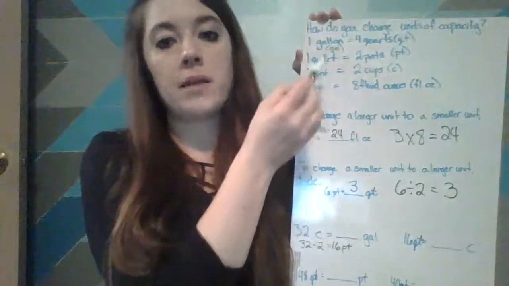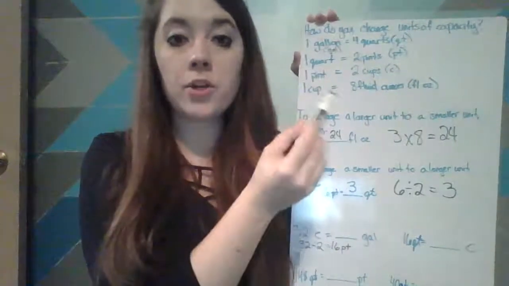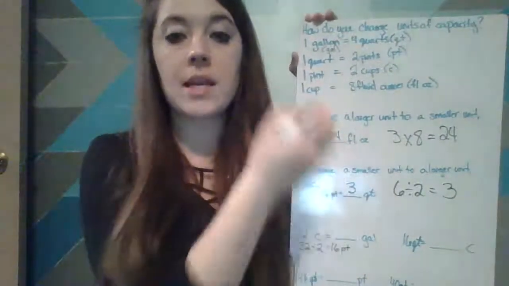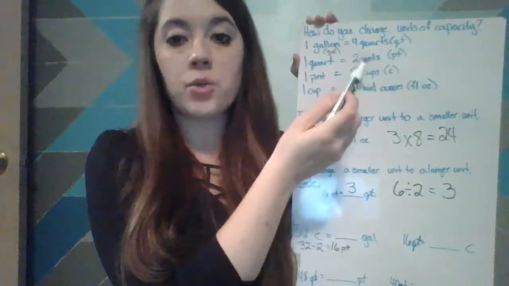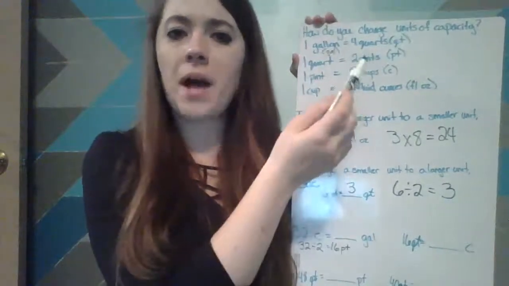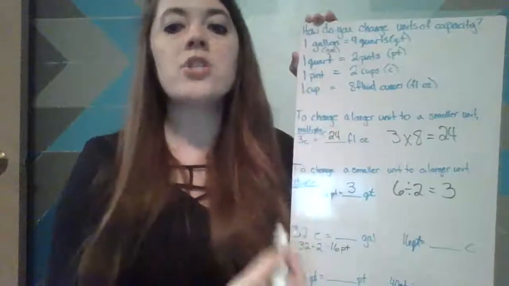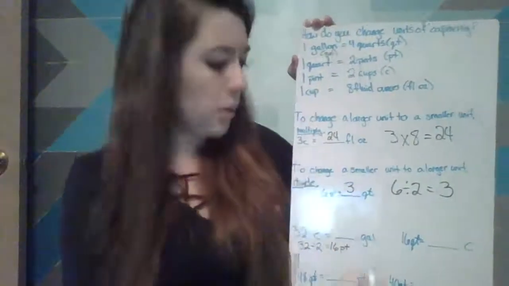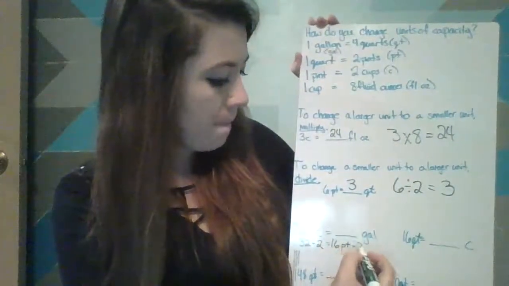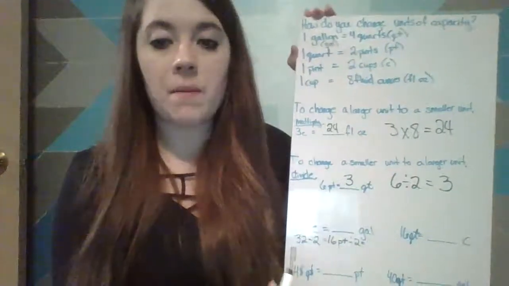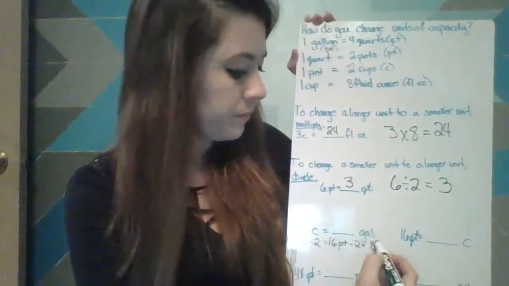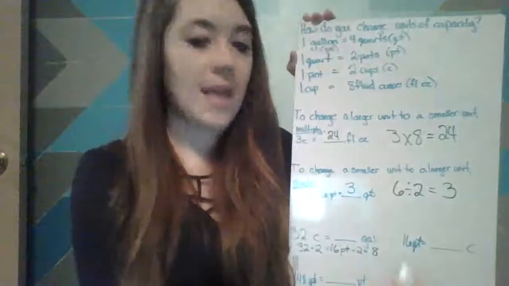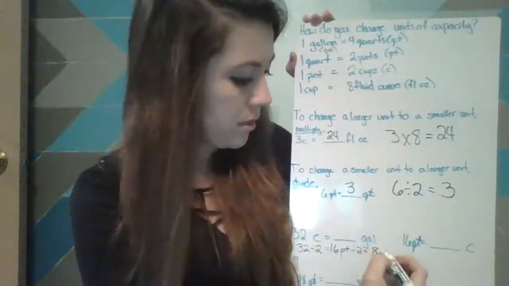Now, from pints, the next higher unit of capacity is quarts. So every 2 pints equals 1 quart. Once again, smaller to larger, we're going to divide. So 16 divided by 2 is 8. So it's 8 quarts.